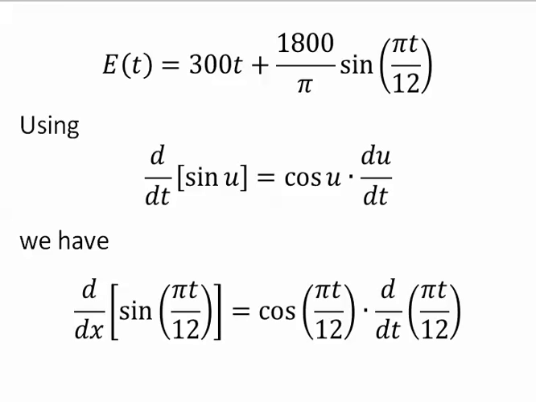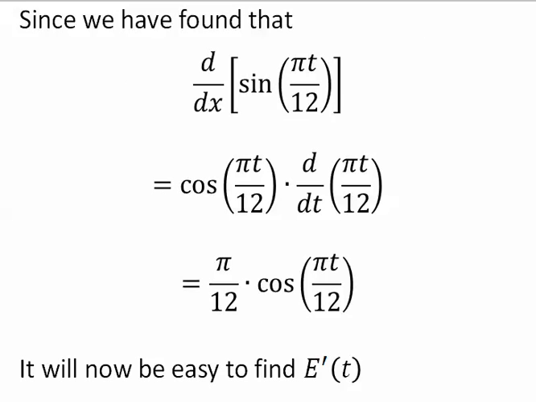So the derivative of sine pi t over 12 is equal to the cosine of pi t over 12 times the derivative of pi t over 12. And the derivative of pi t over 12 is just pi over 12.